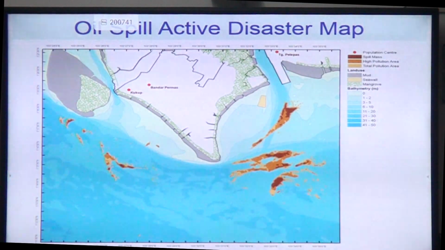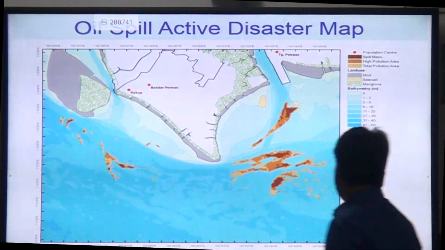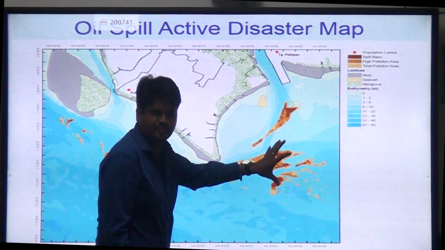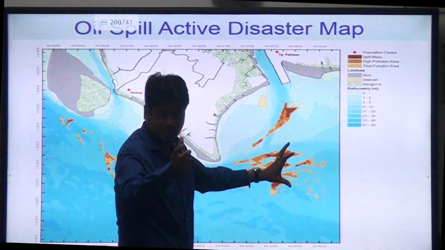aesthetically beautiful information. We put the population centers and nearby centers, then we mapped the coastal areas and the activities along them, and classified it into high pollution area. There is the total spill mass, and from the spill mass it has spread because of the viscosity.